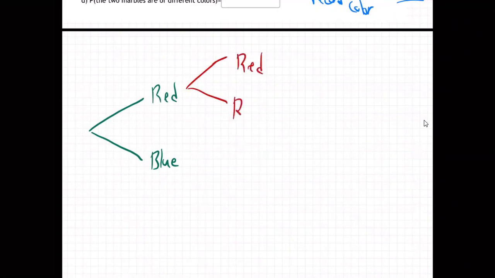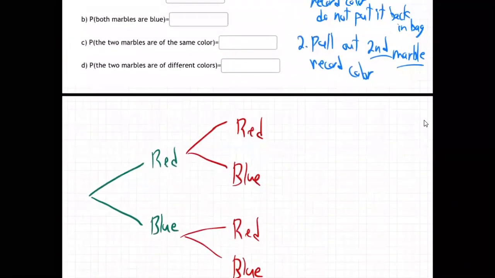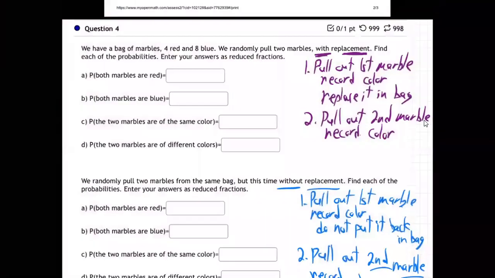We're either getting a red or a blue. And what are the probabilities? Well, isn't it 4 red, 8 blue, or do I have that vice versa? I can't remember. Yeah, I got it right. 4 red, 8 blue for mine anyway.